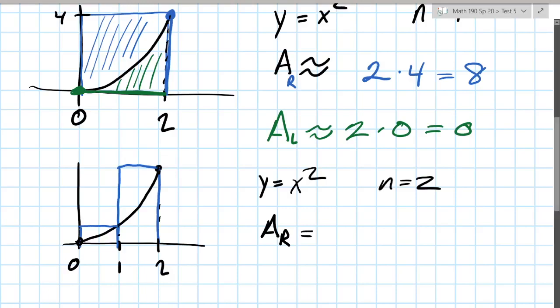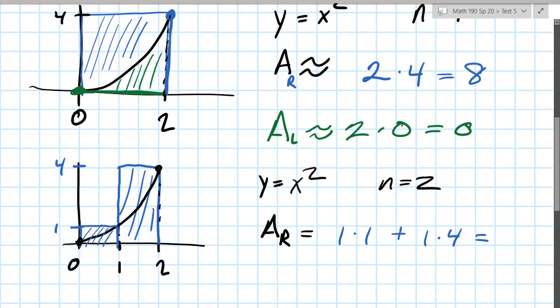And from above, we know that the area would be the sum of the smaller areas here. So the first one would be, starting from left to right, the base would be 1, the height would be, well, this height here is going to be a 1 there, 4 there. 1 times 1 gives us the first rectangle, and then base times height, 1 times 4, gives us the second rectangle.